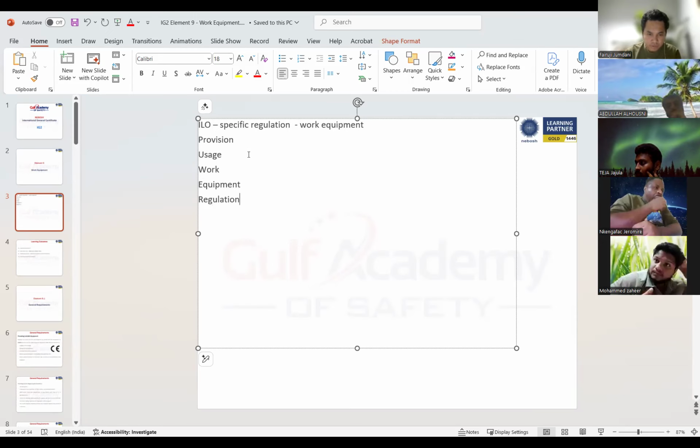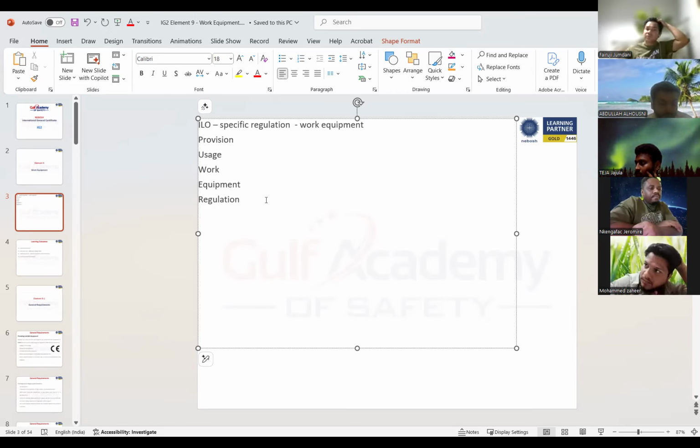So in the UK, apart from ILO's conventions internationally, they also have to comply with the PUWER regulation. Okay. So now let us see the basic requirements of work equipment in the workplace under PUWER.